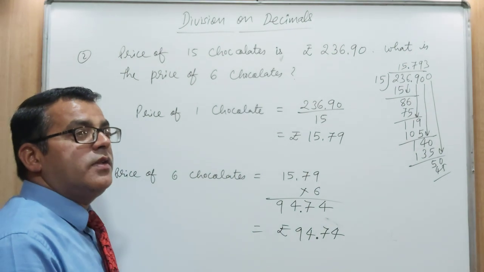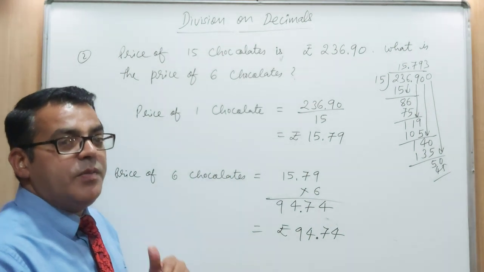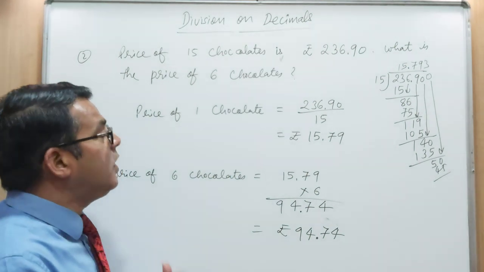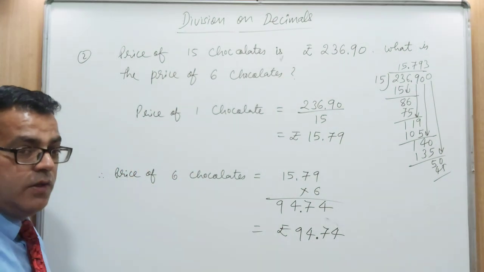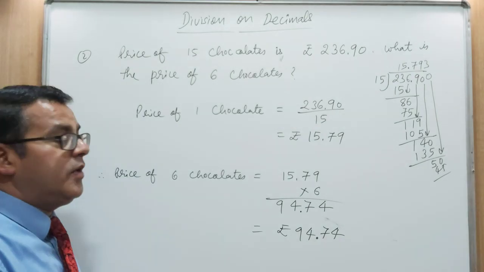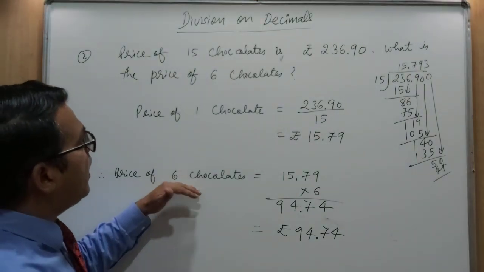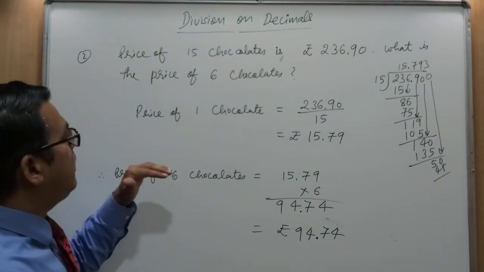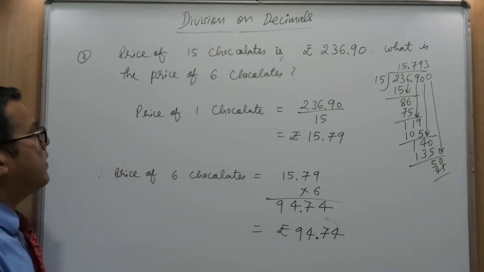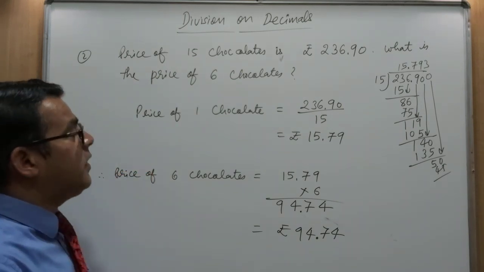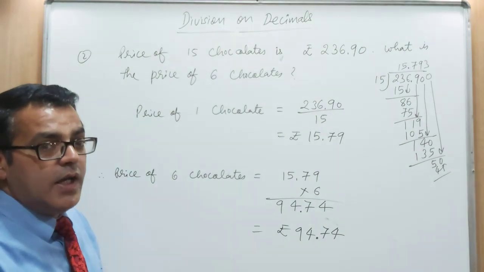Most of the students are facing problem in division. So I am again and again recalling the concept of division. So today we learn how we can divide, and we also know how we can solve that word problem related with divisions.